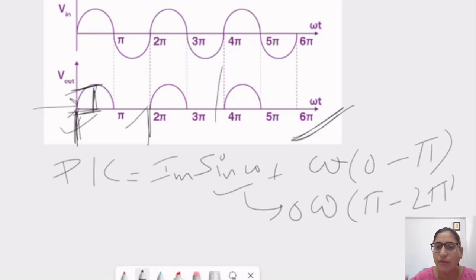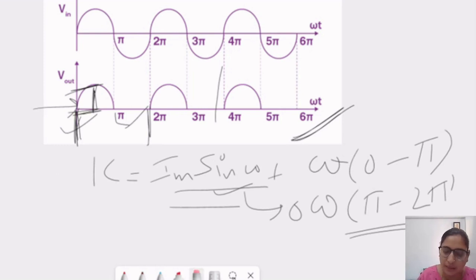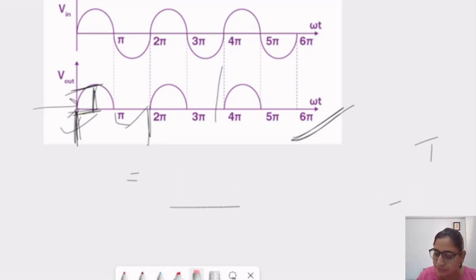Because in the negative half the waveform is removed by the process of rectification. So between 0 to pi we will get Im sin omega t, and from pi to 2 pi we will get 0 as the output. Now we will discuss a little bit about output current.